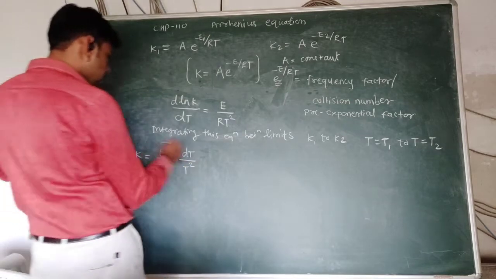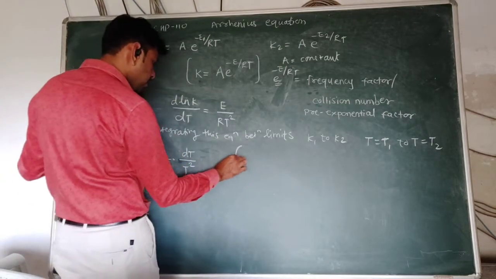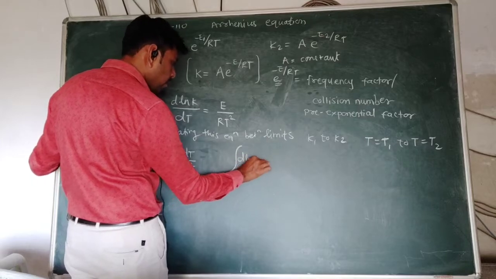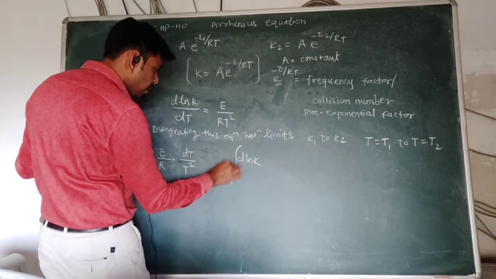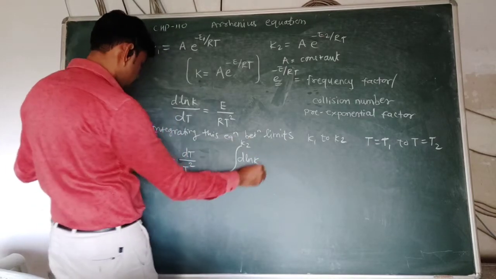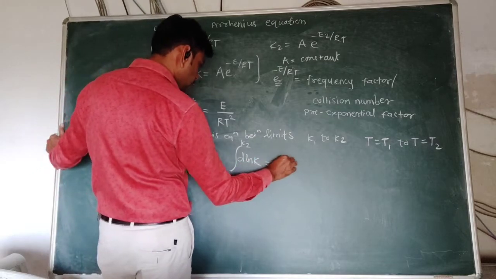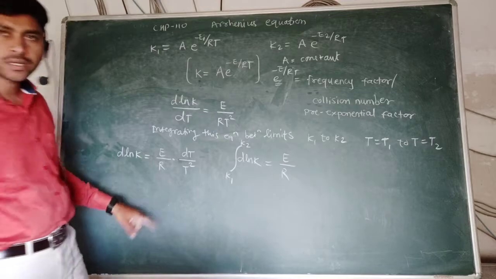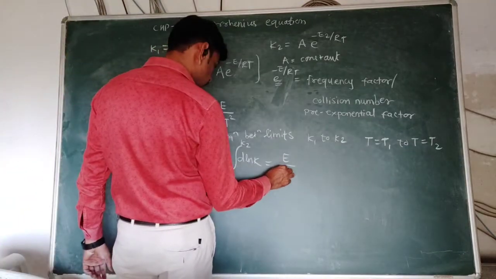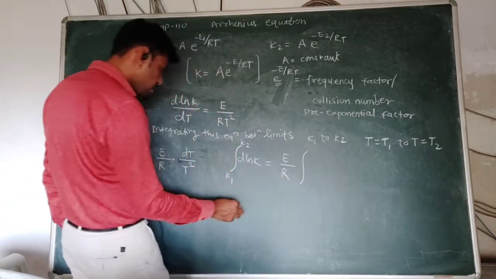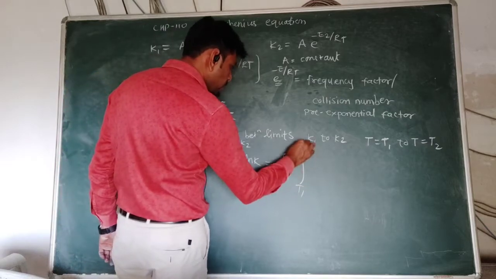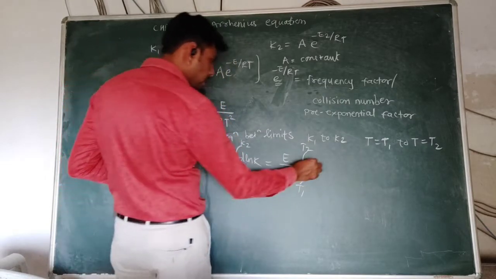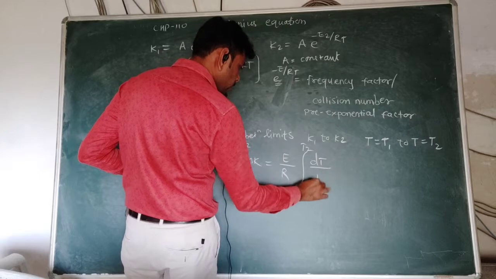So integrating d ln k between limits k1 to k2 equal to E upon R, which is a constant term, times the integration from limit T1 to T2 of dT upon T square.